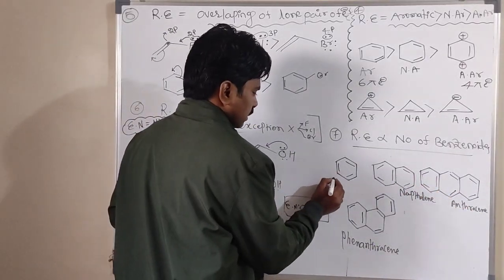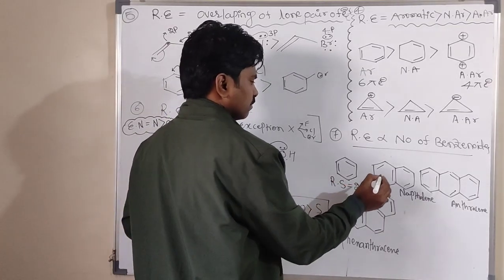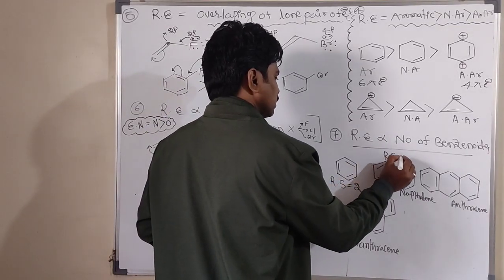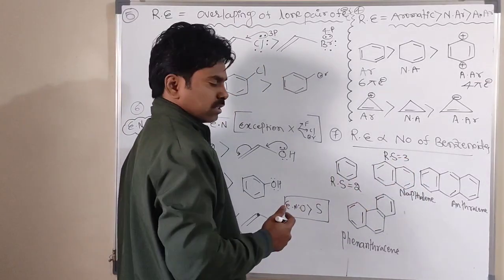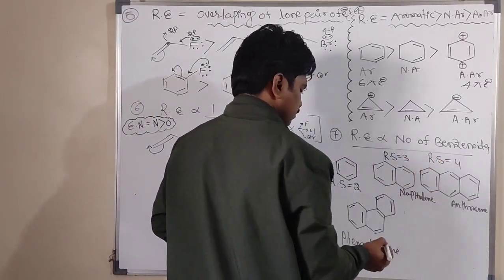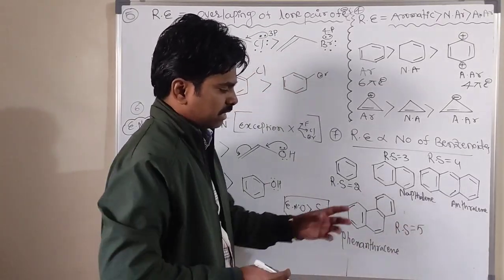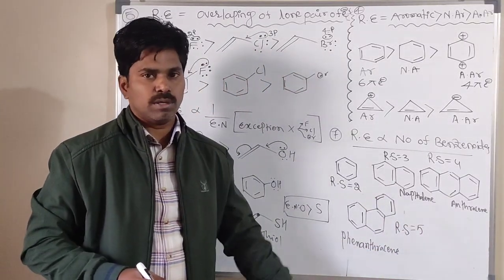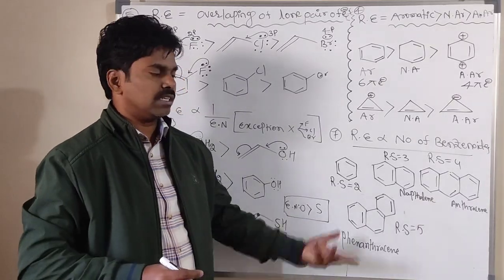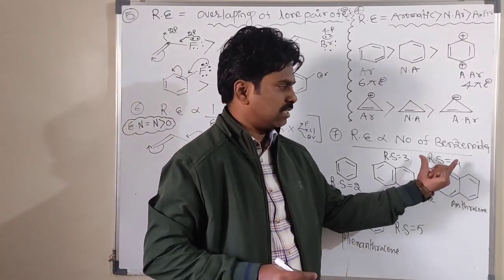So the number of resonating structures is 2 for benzene and 3 for naphthalene. Anthracene will give 4, phenanthracene will give 5. Anthracene and phenanthracene have the same number of benzene rings, but there is a difference in the resonating structures.